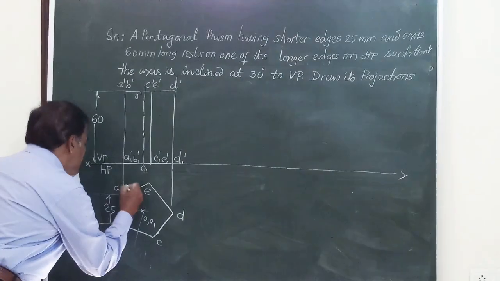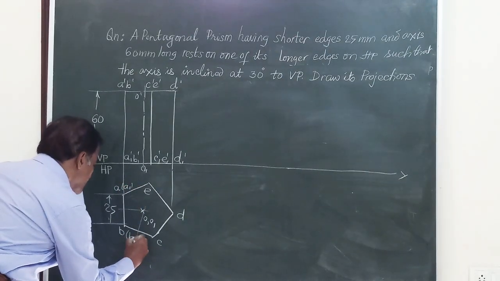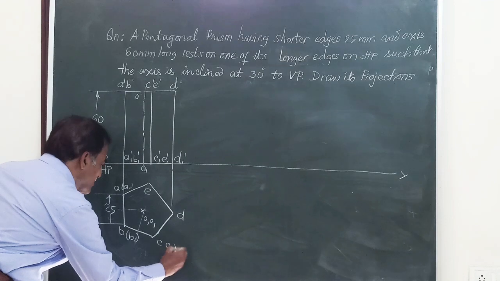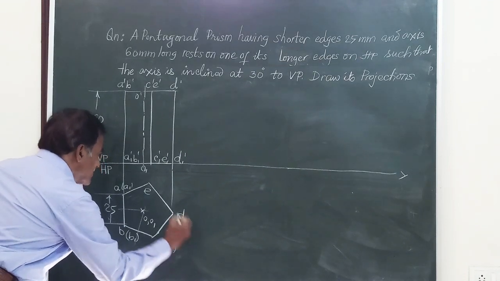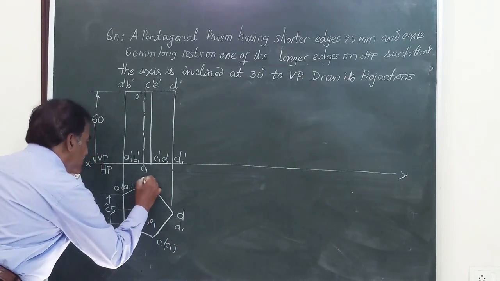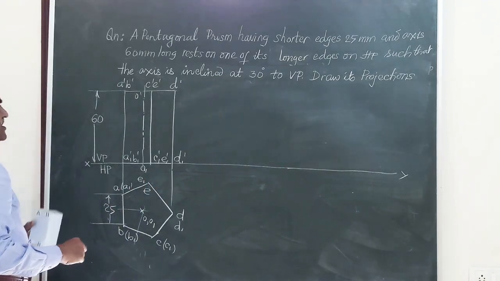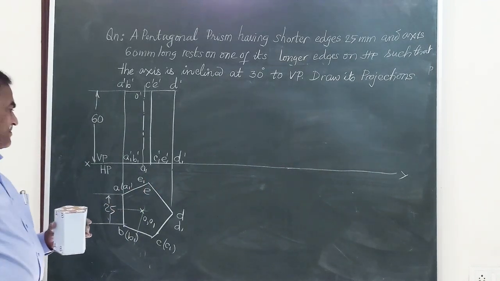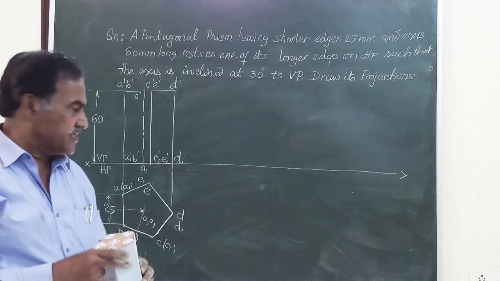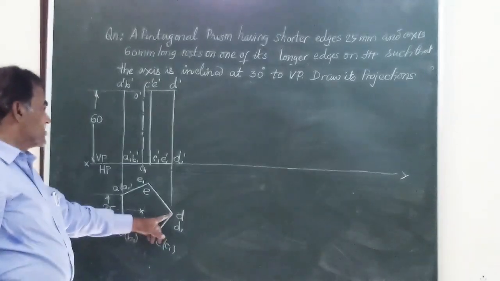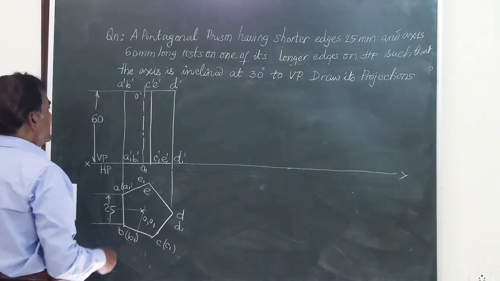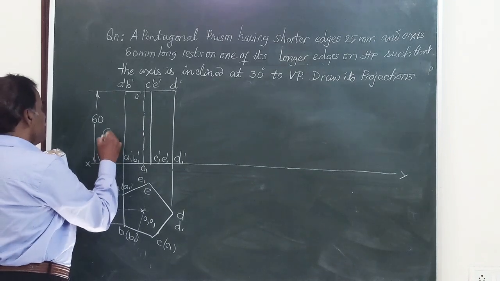So this is A, A1, B, B1. This is C1, this is D1 and this is E1. So we have got the front and top views of the lamina with one of the corners coming towards the right side of the observer. And here you can see friends, you can call this figure as number 1.